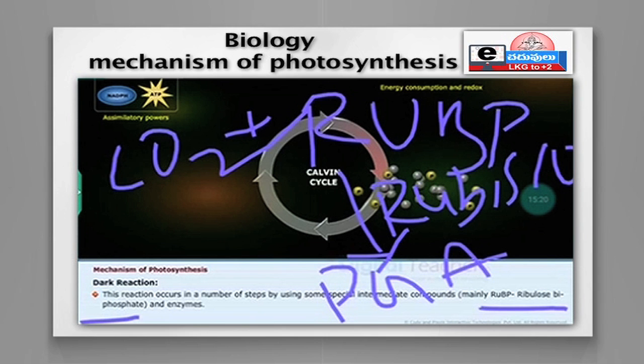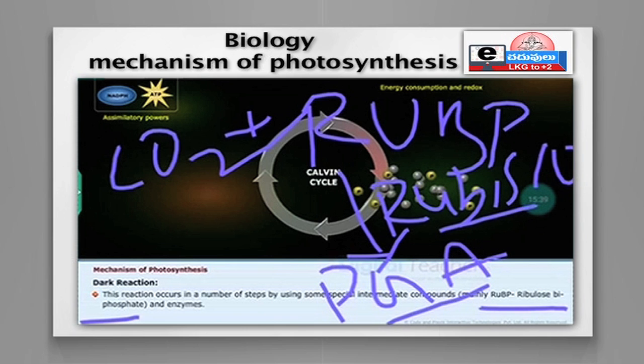Is it clear? In the first step, the assimilatory powers are not used. When carbon dioxide is absorbed by the RuBP intermediate compound in the presence of Rubisco enzyme, it is converted into phosphoglyceric acid.